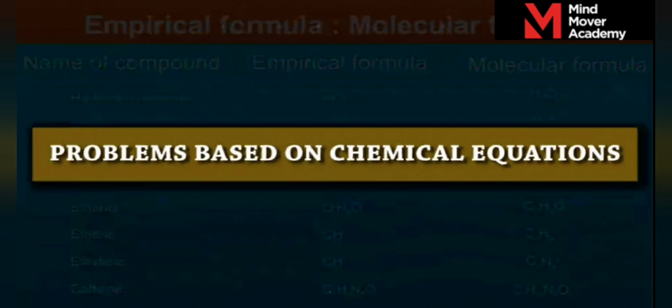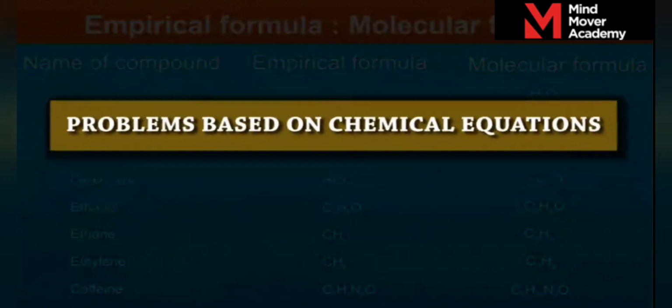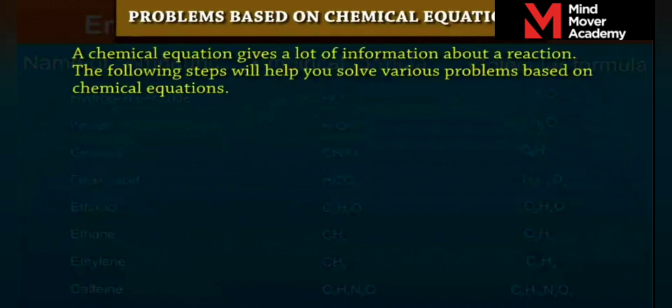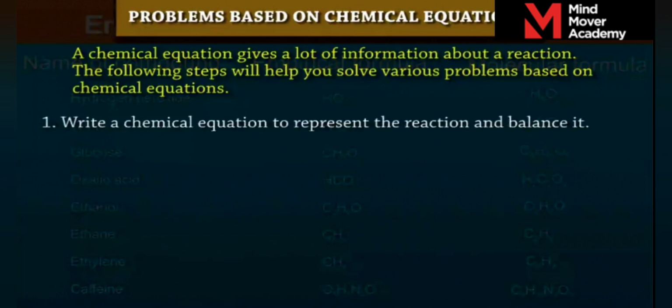Problems based on chemical equations. A chemical equation gives a lot of information about a reaction. The following steps will help you solve various problems based on chemical equations. First, write a chemical equation to represent the reaction and balance it.